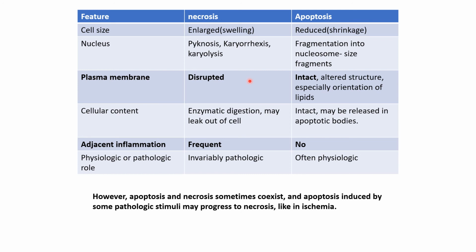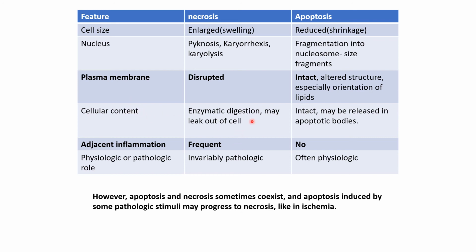البلازما membrane very important. It is disrupted. It is ruptured in the necrosis. That's why all the cell content it gets outside وممكن تدخل للبلود ستريم. بينما في الابوبتوسيس البلازما membrane is intact، وبالتالي كل الكونتنت اللي داخل الخلية بتضلها داخلها وما بتطلع للأوتسايد، وما بصير في عندي adjacent inflammation. بينما في النيكروسيس there is a frequent association with adjacent inflammation، لأنه كل الإنزيمات اللي بتطلع من الخلية لبرا بتعمل damage.